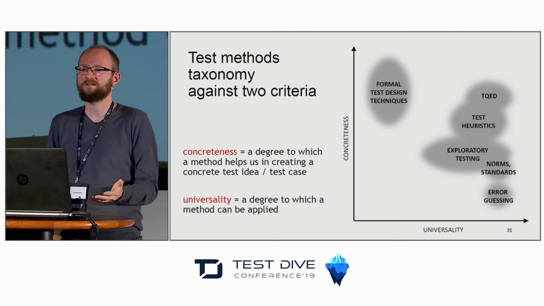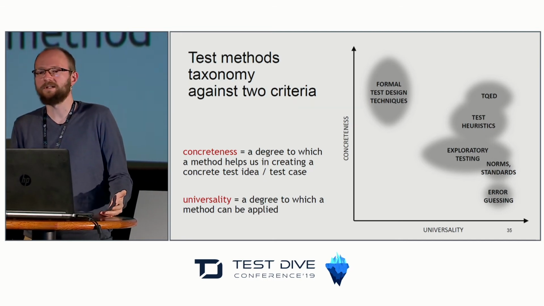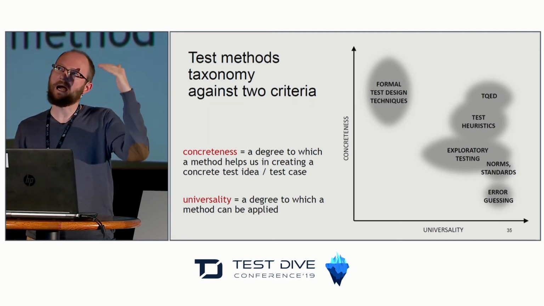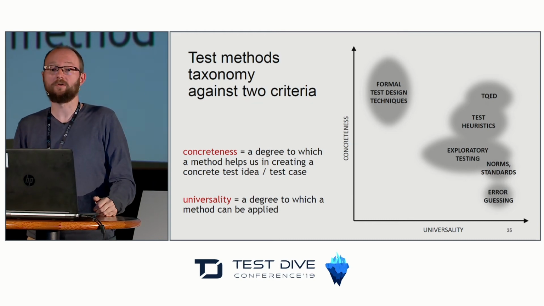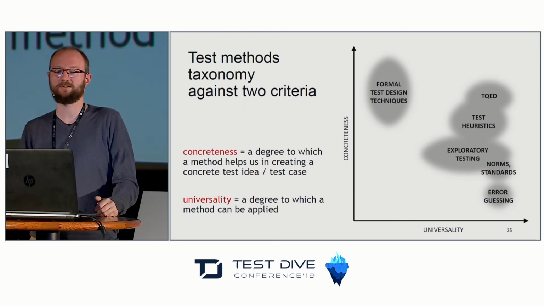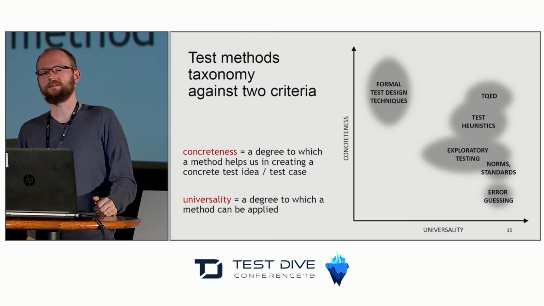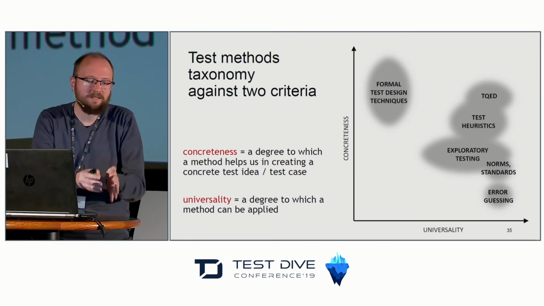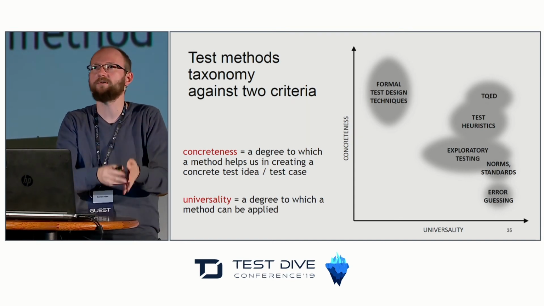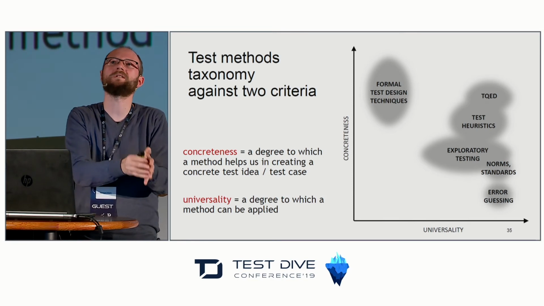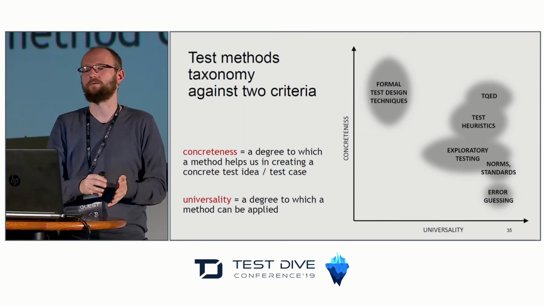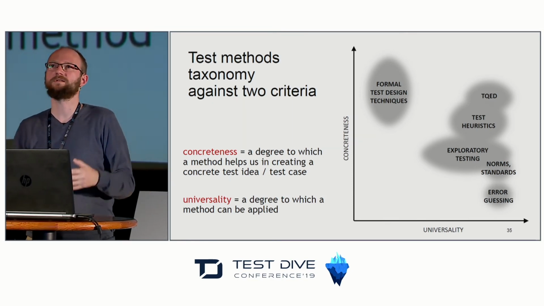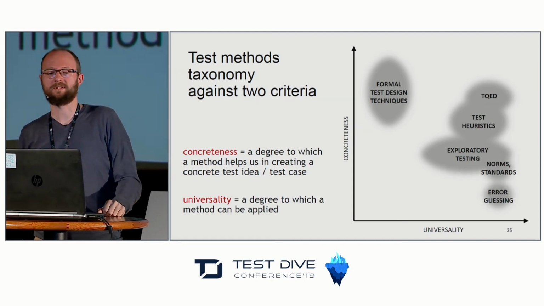Of course, such methods don't exist, but this is this ideal point in this concreteness dimension. And universality is a degree to which a method can be applied. So if I can apply this technique in just one particular type of project with some particular type of software, it's very low. If I can use it everywhere, it's the ideal model in terms of universality.